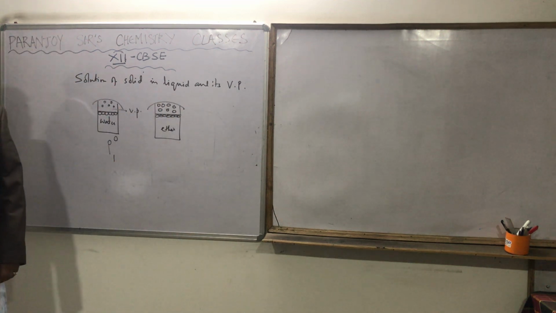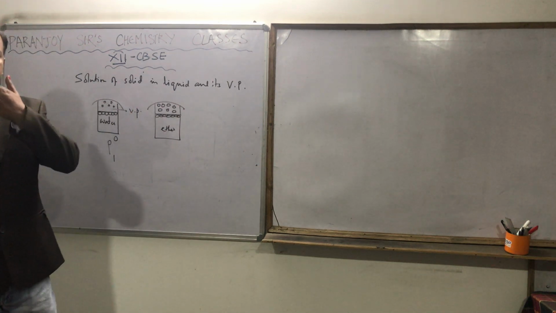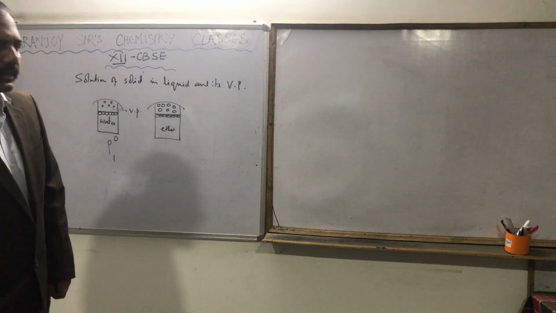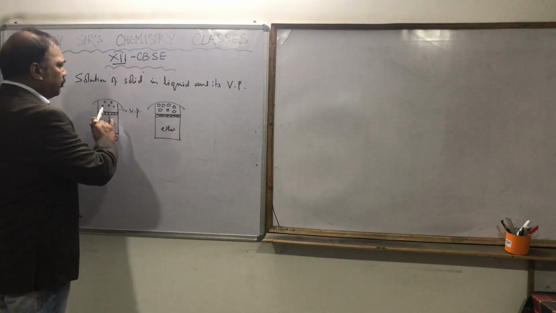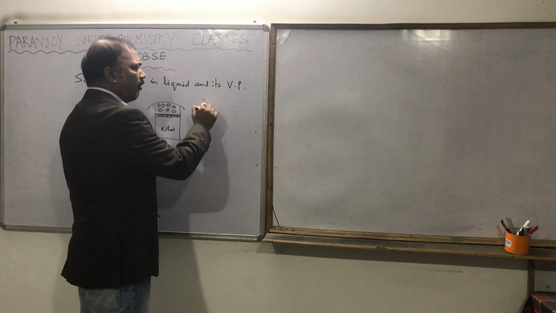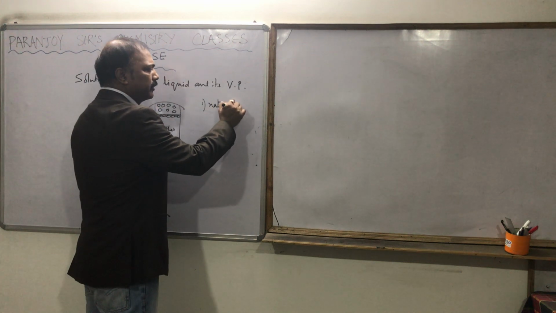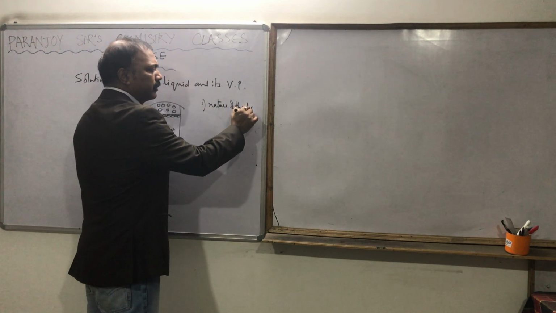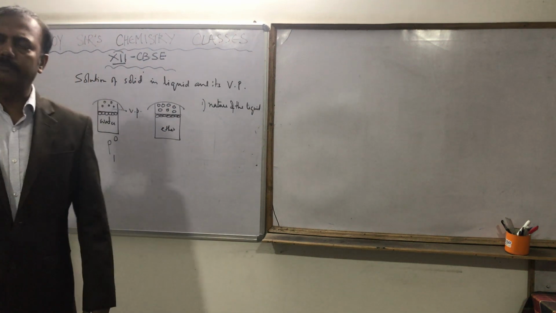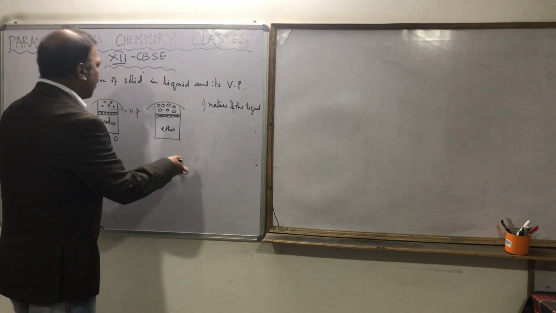Why? Because the amount of evaporation is much more in the case of ether, because it's a much more volatile liquid. So can you conclude that the vapor pressure depends on the nature of the liquid? Which liquid is it? Because the evaporation depends on that.